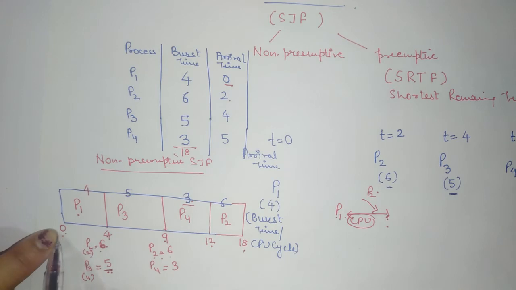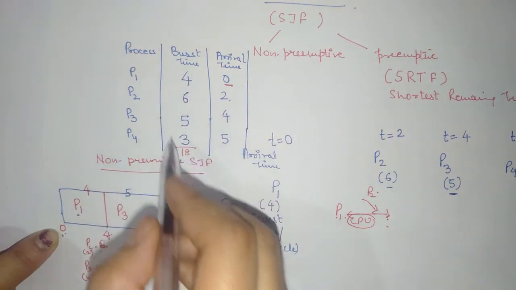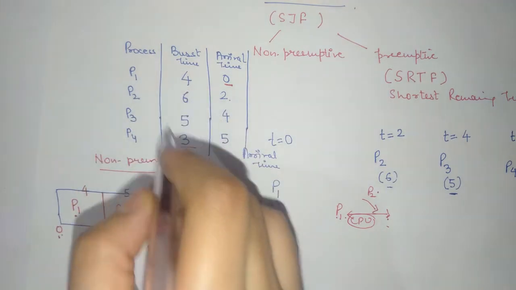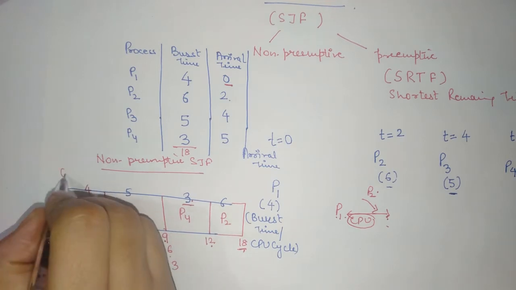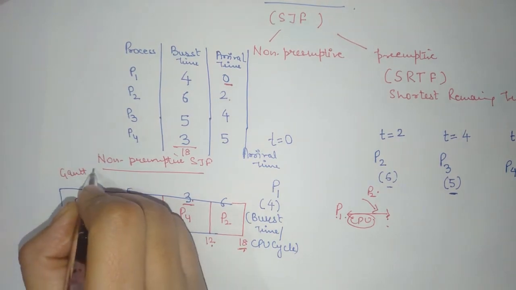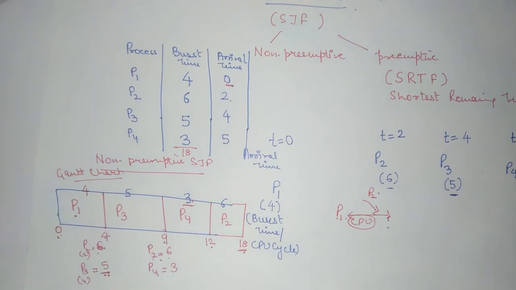When the processing starts from 0, the sum of the burst times of all these processes will be exactly equal to the value written at the end corner of this Gantt chart. This Gantt chart tells us the sequence of execution of all these processes.